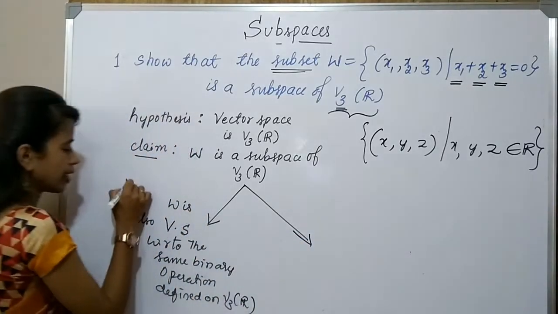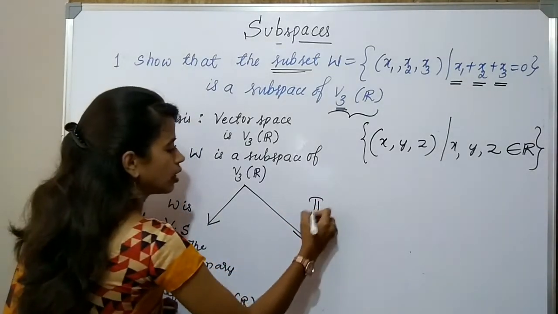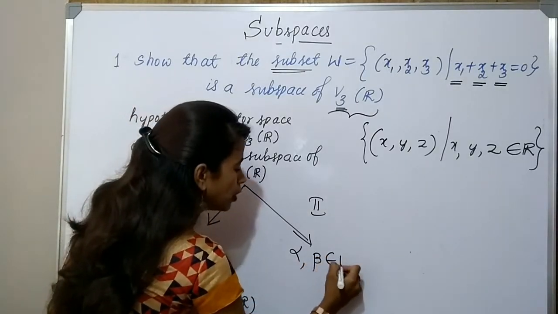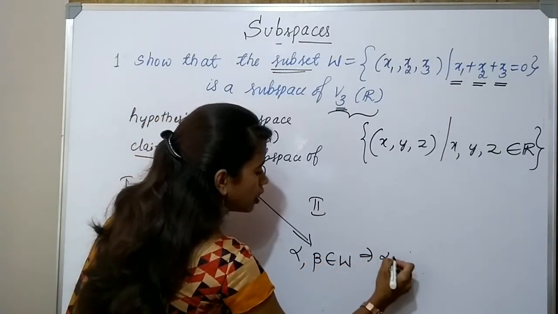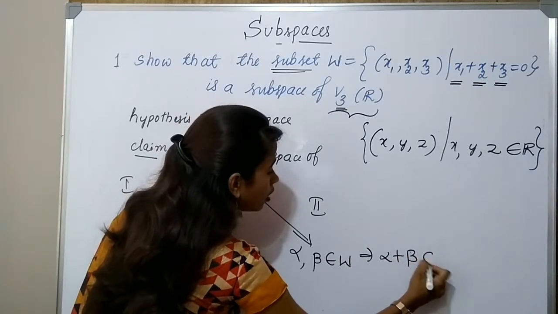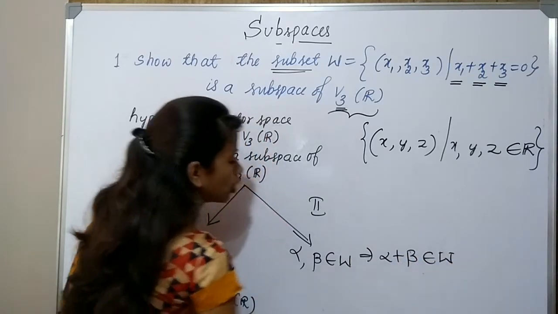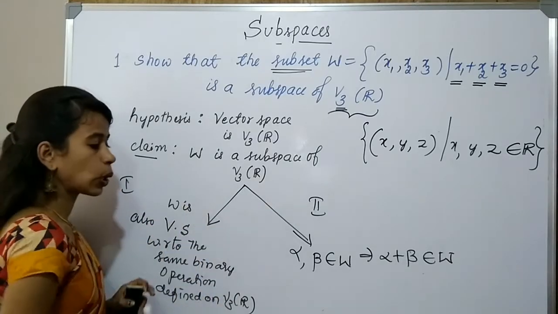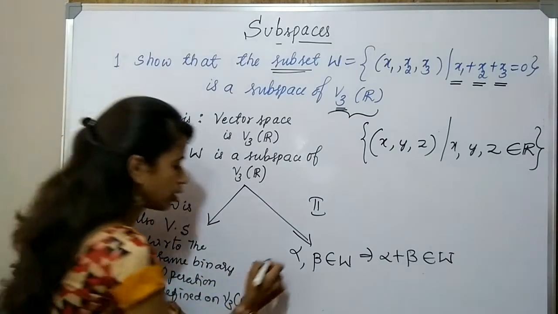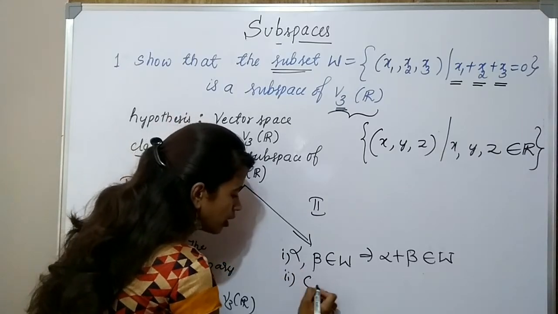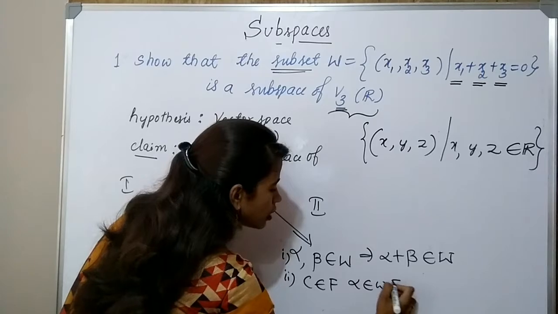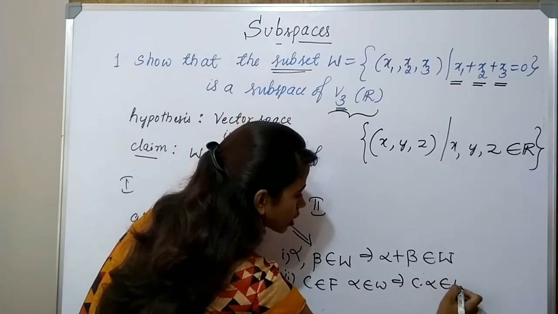Here is the second method. Take two elements of W and check whether alpha plus beta belongs to W, that is, whether that subset is closed under vector addition or not. And second condition, take c belongs to the field F and alpha belongs to W, and check for scalar multiplication.